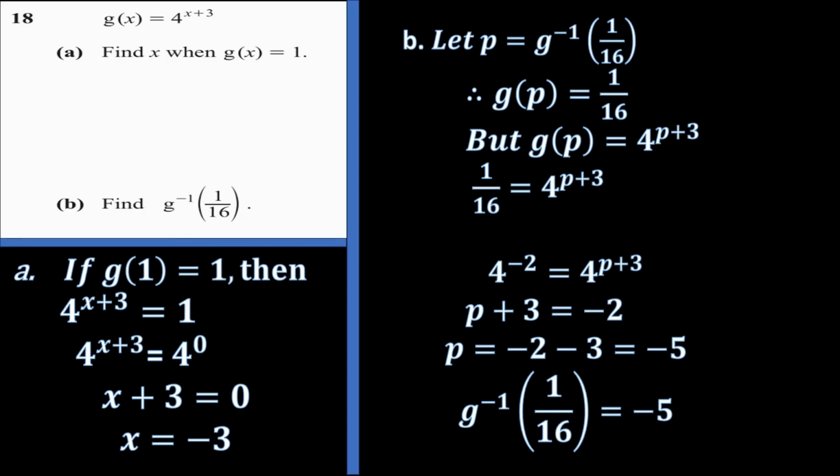So make p the subject. P becomes minus 2 minus 3. That gives us minus 5. But initially we said let p equals g inverse of 1 over 16. So now p is minus 5. What is that telling us? It's telling us that g inverse of 1 over 16 is the same thing as minus 5.